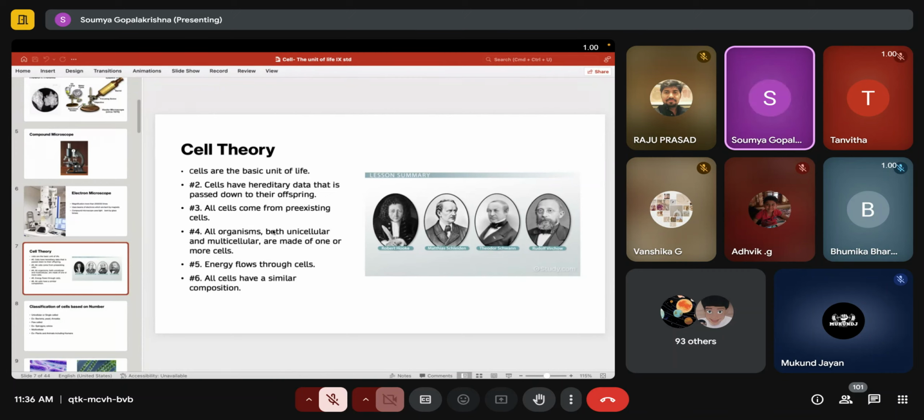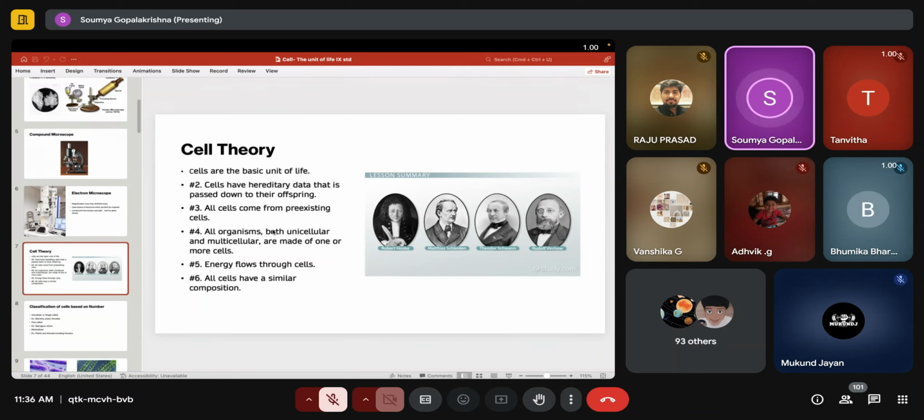What does it mean? If you take any part of an organism and view it under the microscope, it will show cells. For example, take a thin slice of skin and see it under the microscope. You will see compartmental structures inside, right? So, the structural unit of life.